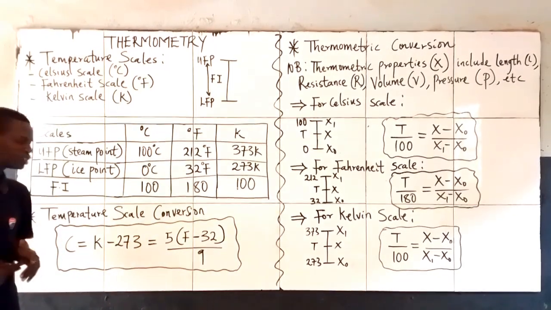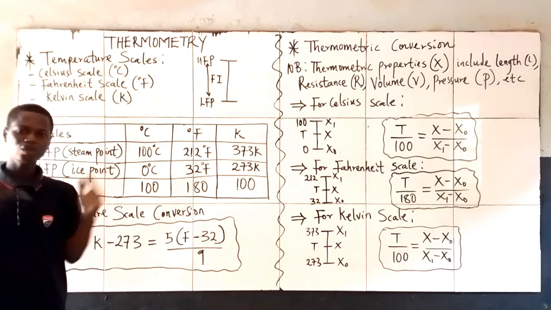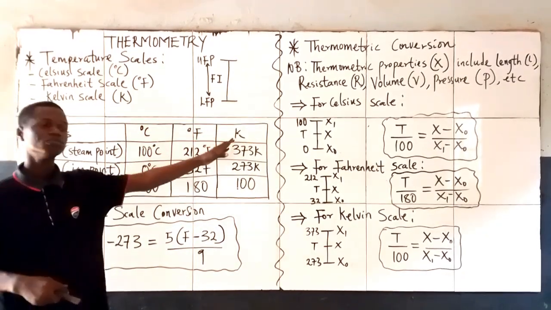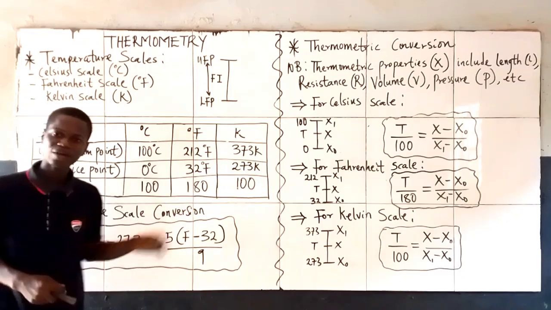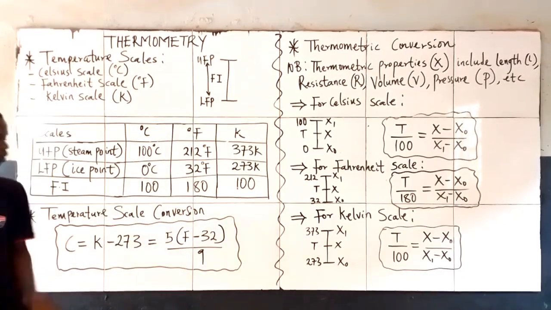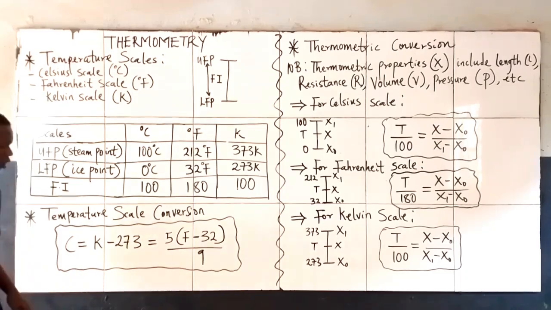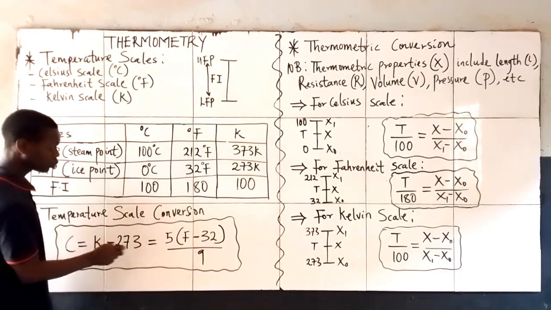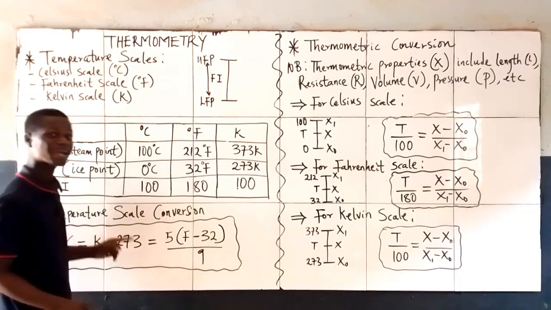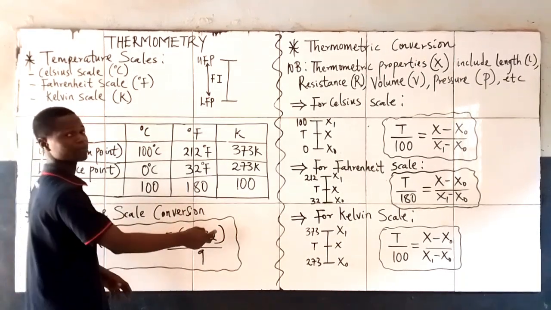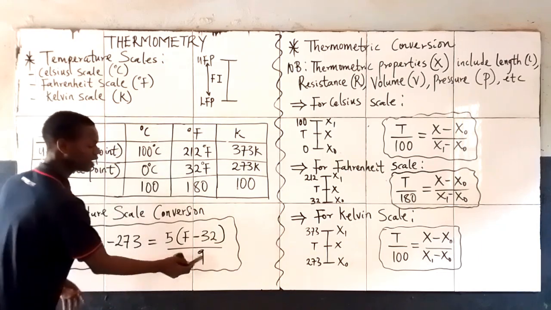And it's important to know that there's a simple relationship joining that of Kelvin to that of Celsius to that of Fahrenheit. And this is the simple relationship you should know for these very aspects. Once you know this, you are good to go. That Celsius is equal to Kelvin minus 273, and that is equivalent also to 5 in brackets Fahrenheit minus 32, everything divided by 9.